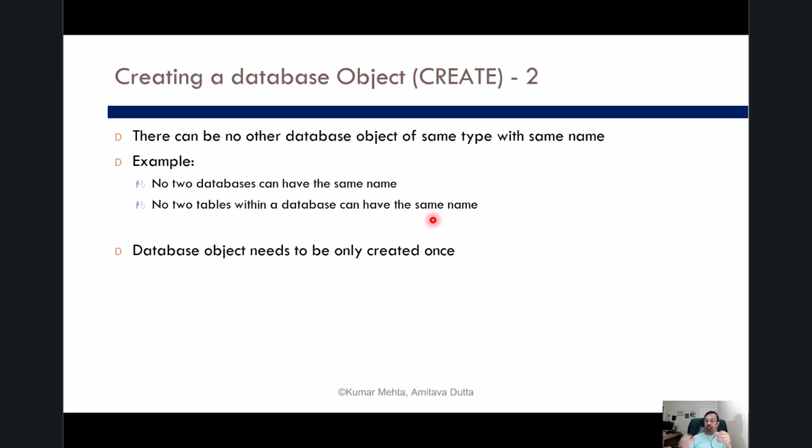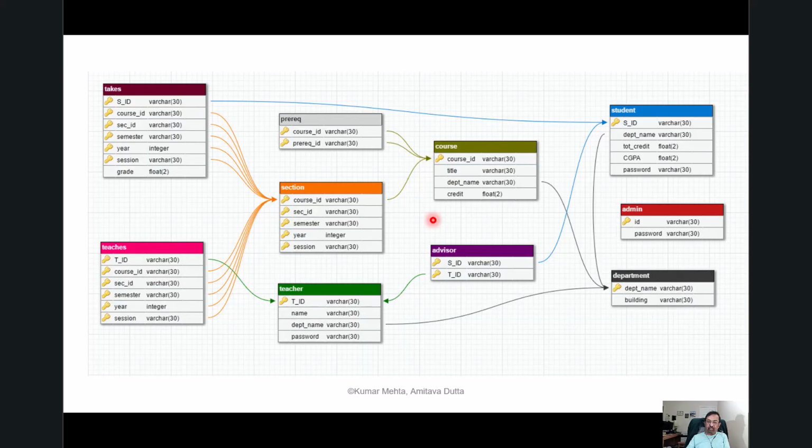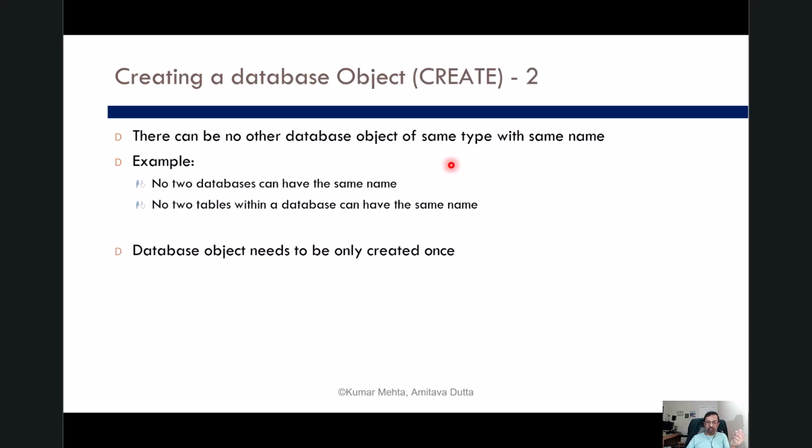So within our registration database, I cannot have two tables with the same name. Now, if I think about two different databases, registration and another database, then across those two databases you might have two tables with the same name. But within a single database, you cannot have two tables with the same name. That's a restriction, and that makes logical sense, of course.